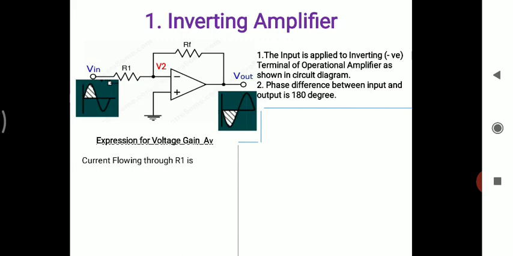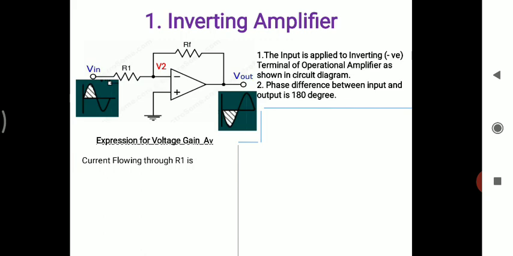One is Vin, another one is V2 at that inverting terminal. The difference between these two voltages is the voltage drop across resistance R1. So what is the voltage drop across resistance R1? Vin minus V2. Then we know the value of resistance R1.